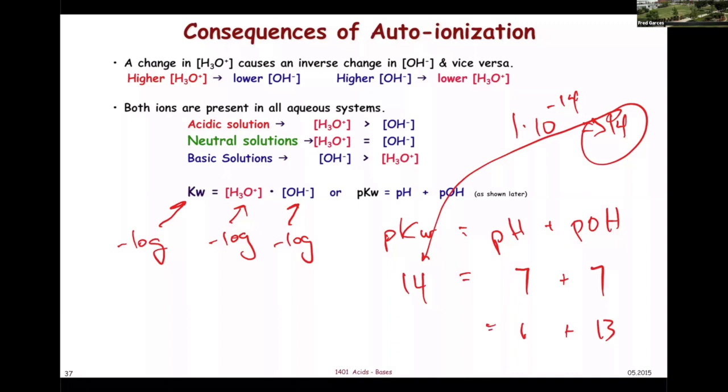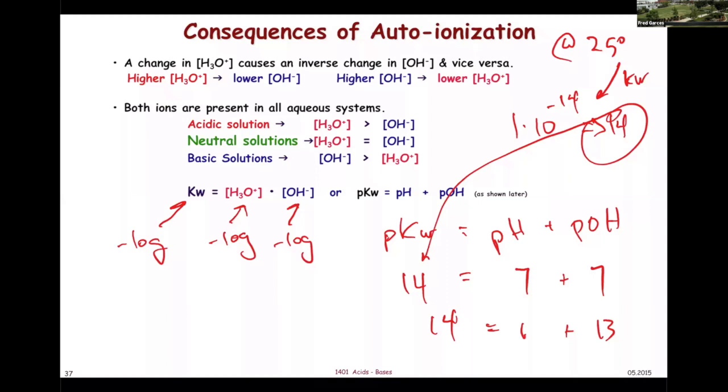What we are assuming now is that we're at 25 degrees, so that Kw equals 1 times 10 to the minus 14. You need to make that assumption unless otherwise stated, okay? For the most part, we can make that assumption for almost every problem, except when you get to General Chemistry 201. Then we'll change the temperature on you.